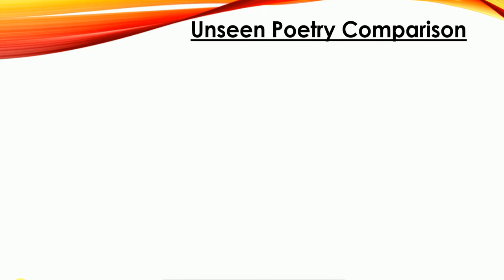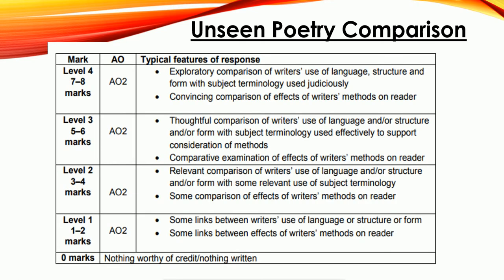Now you've finished the first unseen poetry question, you have the second one to tackle. And this is a comparative question. Importantly, you're looking at key things, the subject terminology used is what you're focusing on, and the comparison of the effect of those methods on the reader.